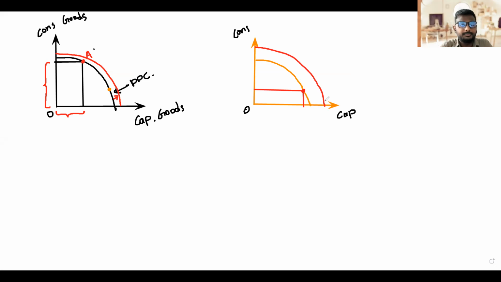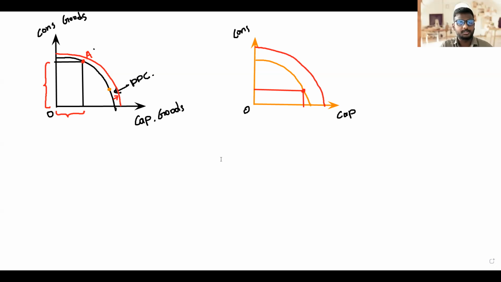Now, we'll talk about the structure of your answer. You can draw two graphs like this and explain, or in just one graph, you'll have to show both of these. I think drawing two graphs would be a little simpler for you. This is how it works. First, you can draw this one that I have drawn, showing that point A, as you can see, is showing consumer goods are produced more, capital goods are produced less.